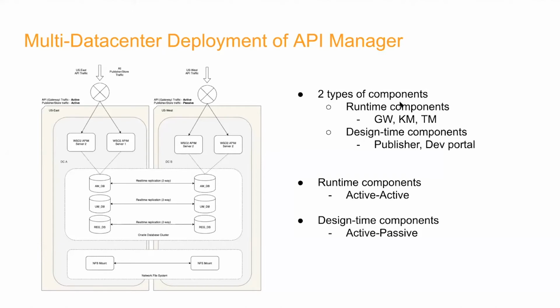Usually in a typical deployment, it is required to have these runtime components in an active manner. That's because we get a lot of traffic into these runtime components. But for the design time components, the story is a bit different. They don't get a lot of traffic. Therefore, it's okay to have them in an active-passive manner.